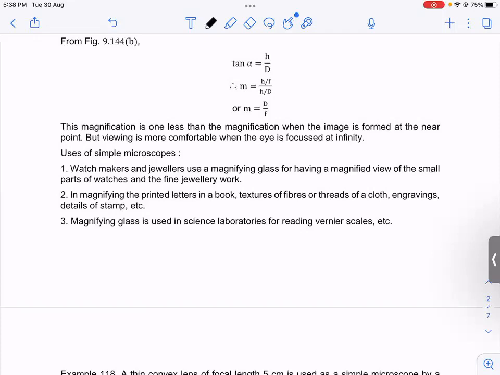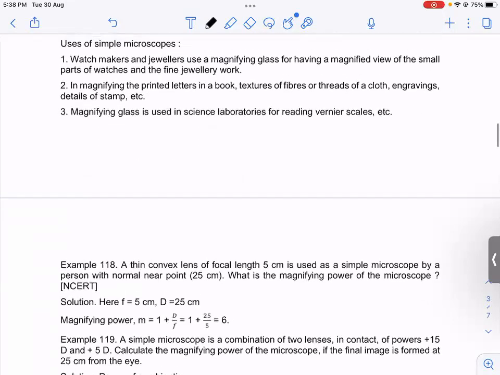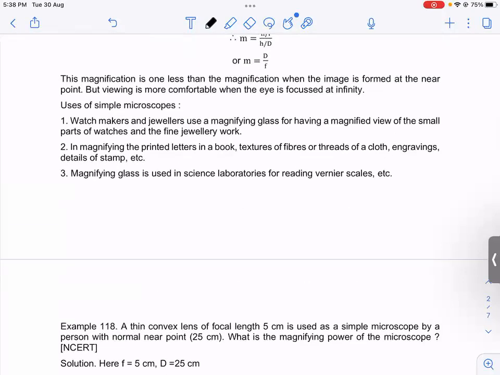One is we make the image form at the distance capital D, and the second is we try to make it form at infinity. So if you observe, this magnification is 1 less than the magnification when the image is formed at the near point, but viewing is more comfortable when the image is formed at infinity.